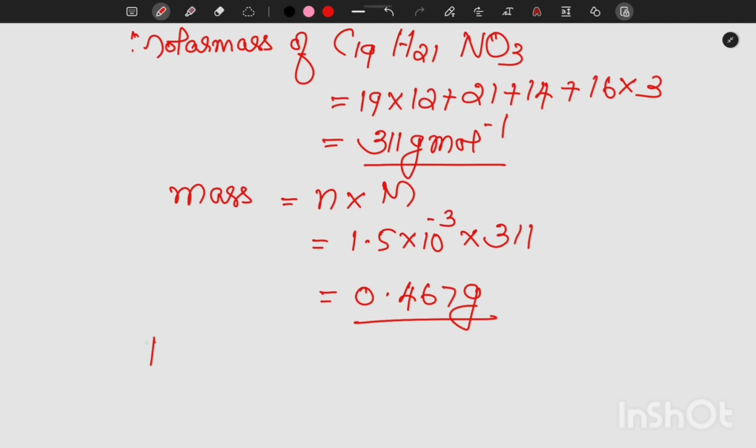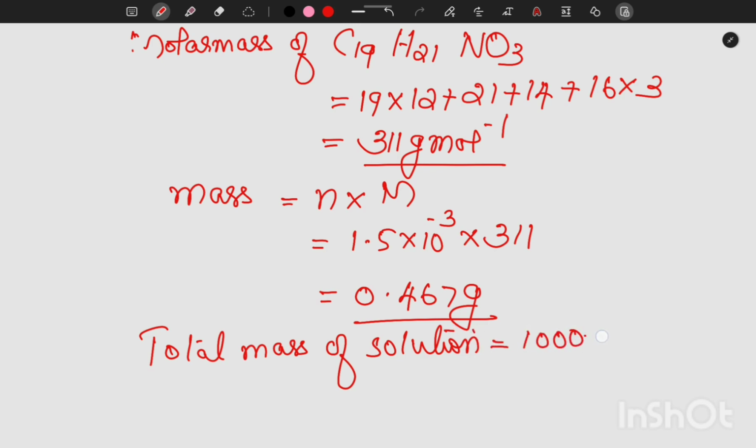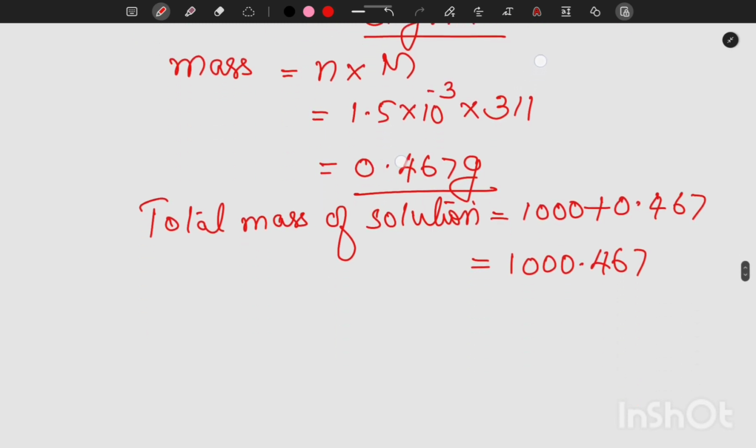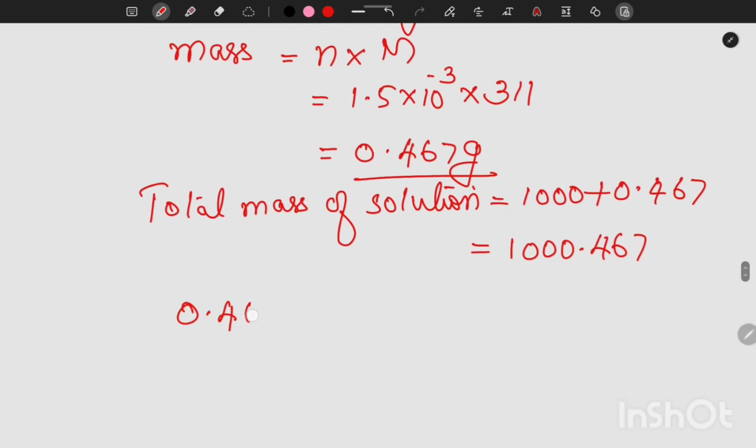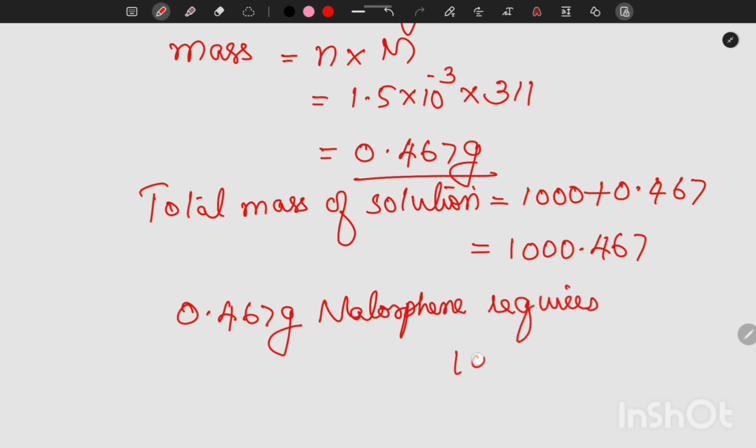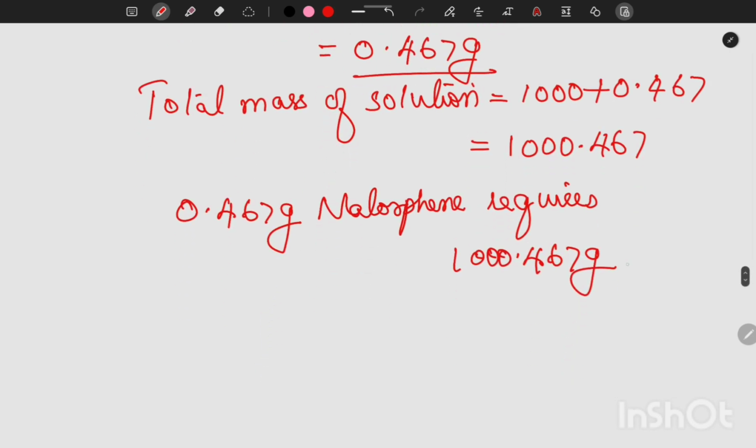So we know 1000 gram of solvent contains 0.467 gram of nalorphine. So total mass of solution is equal to 1000, that's mass of solvent, plus mass of solute 0.467, so 1000.467. So 0.467 gram nalorphine requires 1000.467 gram solution.